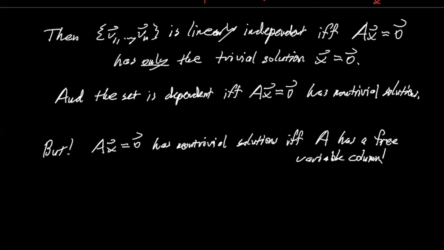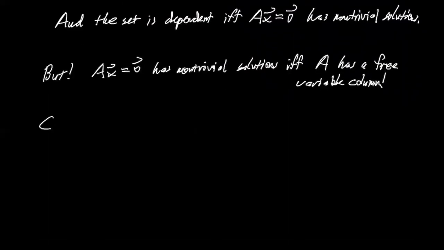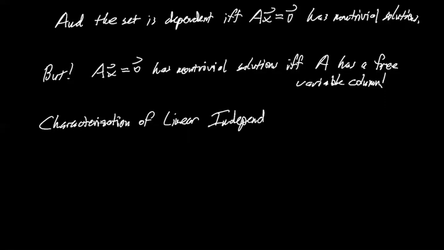Right, and that's kind of exciting. That basically gives us a characterization of linear independence. This is the last thing I'll say in this video. It's a way to effectively tell, because those definitions are a little abstract.